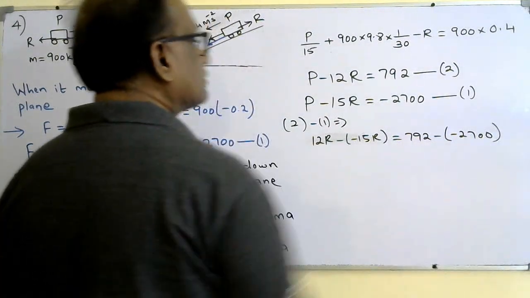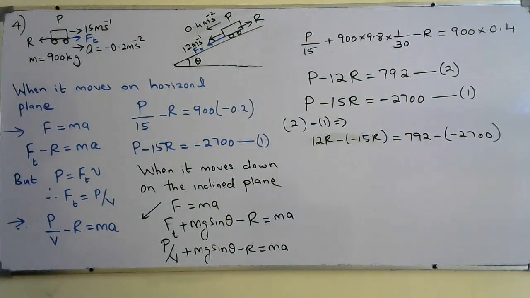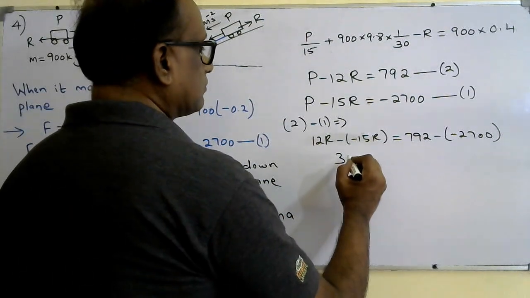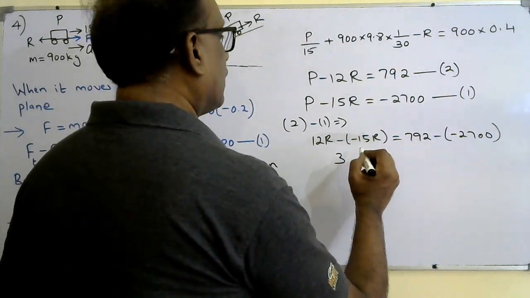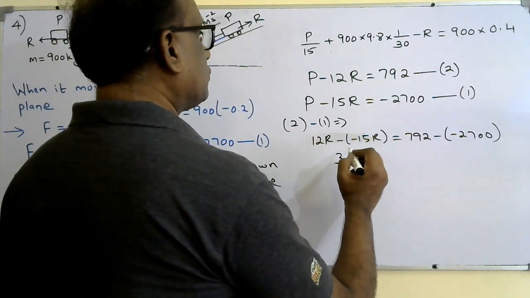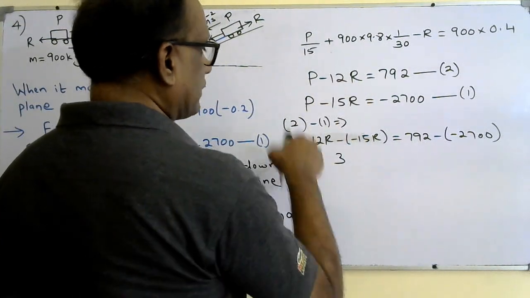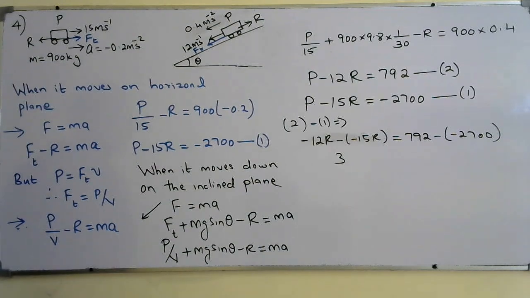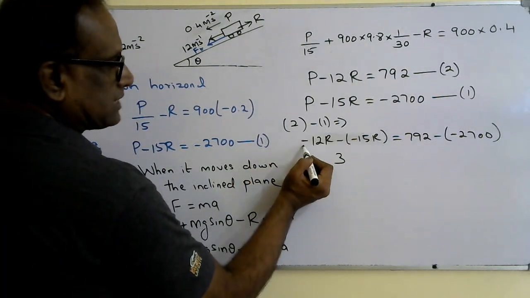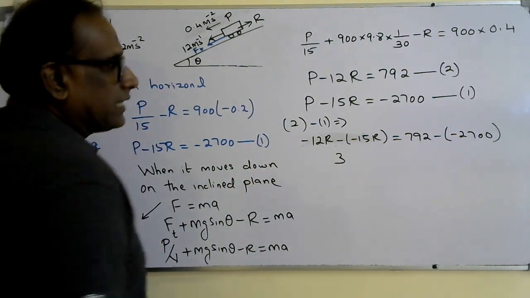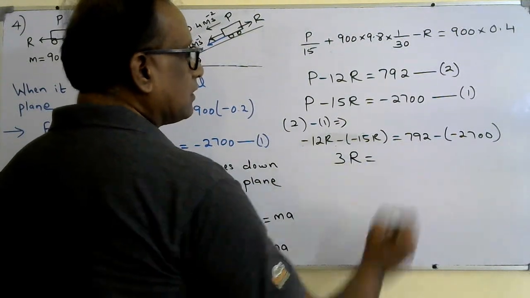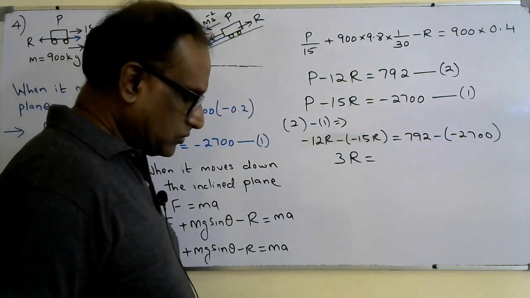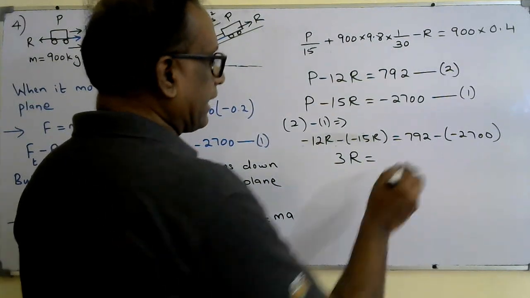So 2 minus 1 means minus 12R minus 9... so 3R is equal to 3492.